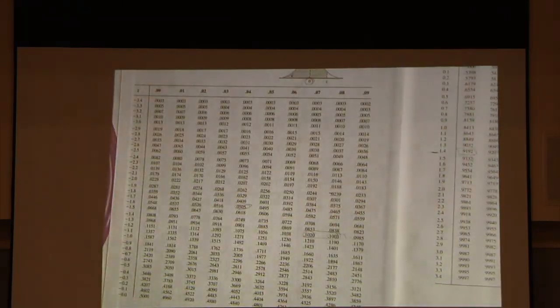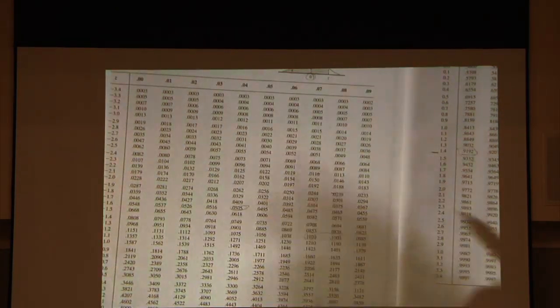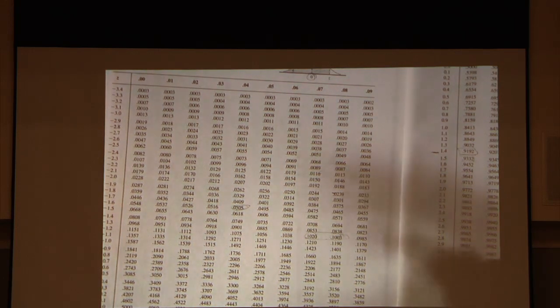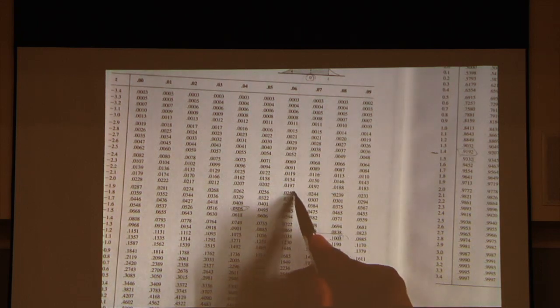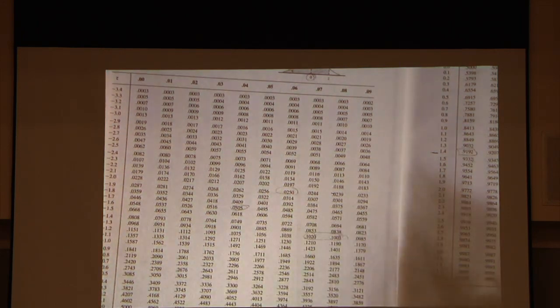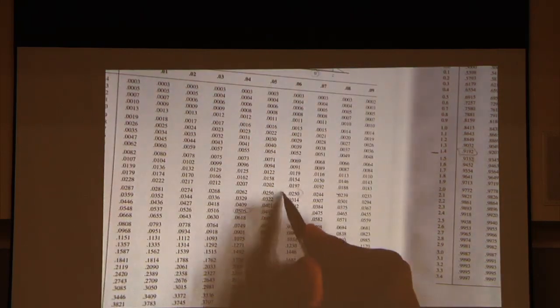Alpha is 5, but you're going to have 5 combined, right? So now you want to look for 2.5. So 2.5, this right here, but this is the one on the left.